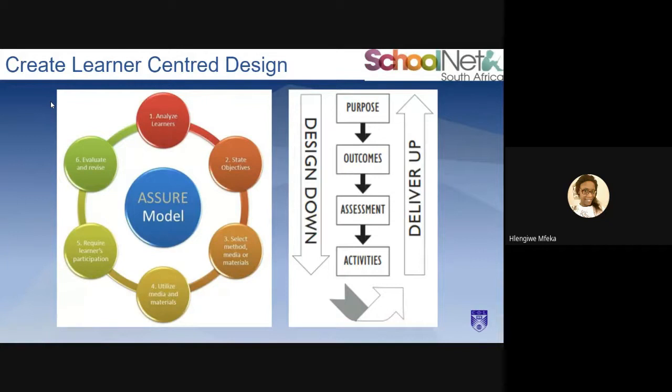You can also think of different ways on how you will be assessing. The purpose for assessing is for you to ensure that you are achieving the outcomes. You see, you are delivering up. So once you have administered the assessment and provided that feedback, you then go back and ask, did I achieve what I said as my outcomes? If not, what do you need to do?